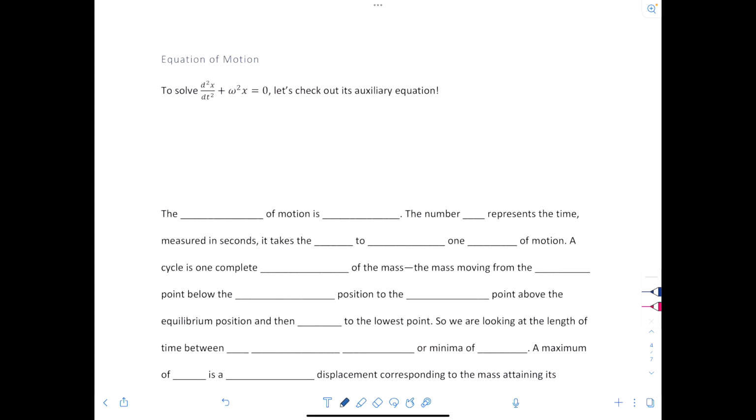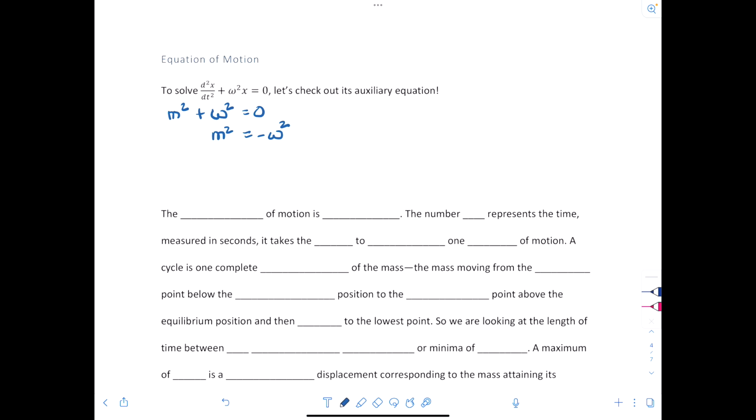So to solve this equation here, let's check out its auxiliary equation. So we'll have m squared plus omega squared is equal to 0. And then m squared will be negative omega squared.